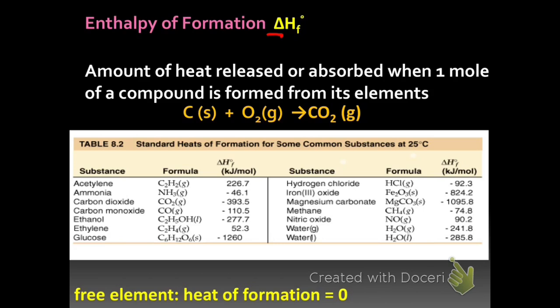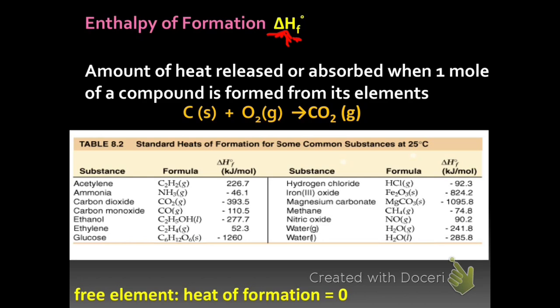H is your heat, so it's the change in your heat, and then you've got a little f for formation. So it's your change in the heat of formation. It's a value change, just so y'all understand what all those symbols mean.